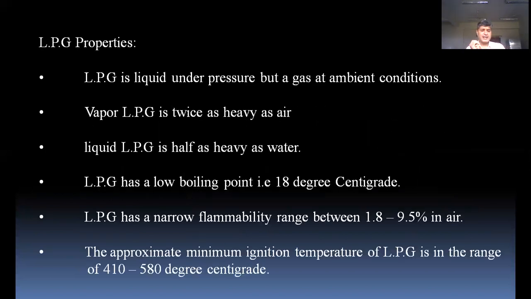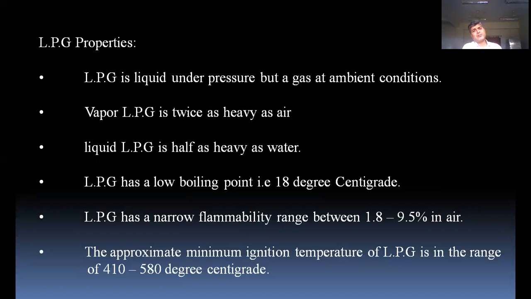Next is LPG properties. LPG is liquid under pressure but a gas at ambient conditions. Vapor LPG is twice as heavy as air. Liquid LPG is half as heavy as water.